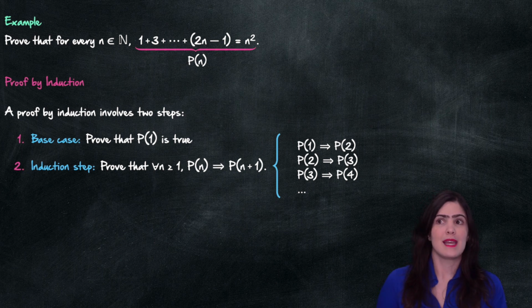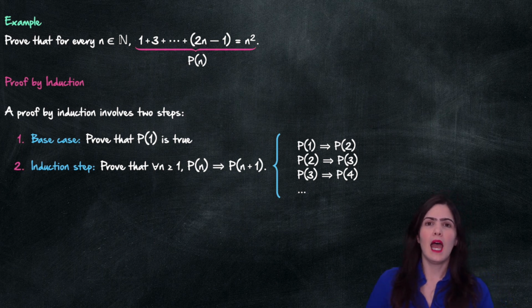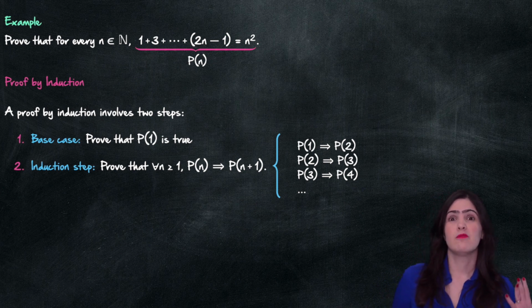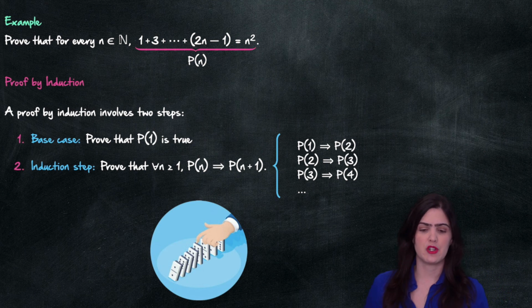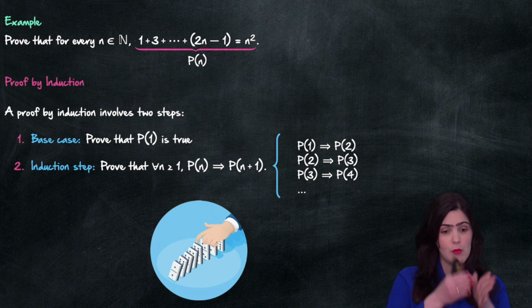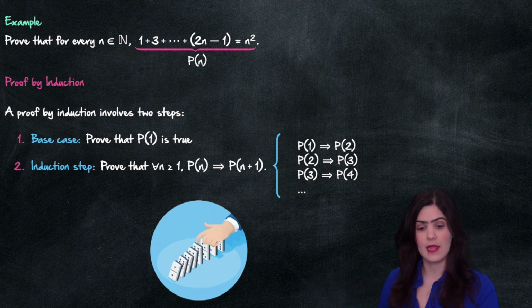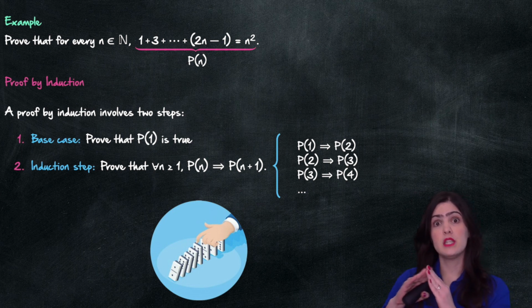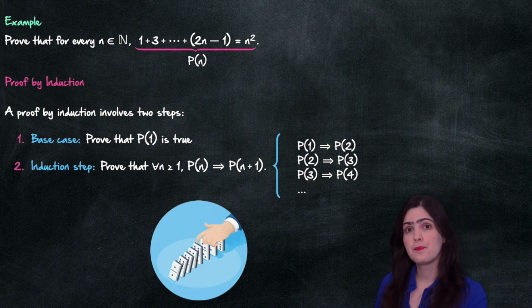But I could prove this and still have all the p of n's being false. And I like to compare proof by induction with the effect of falling dominoes. So here we have a picture. You see, the induction step is the idea that if I have all my dominoes aligned, like in this picture, if one domino falls, the next one is going to fall as well.